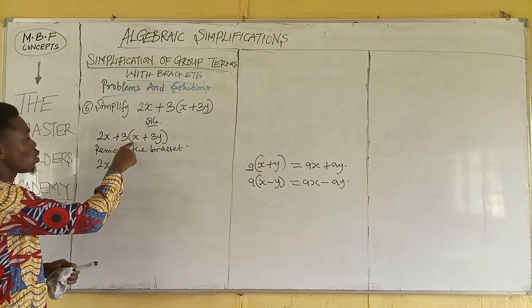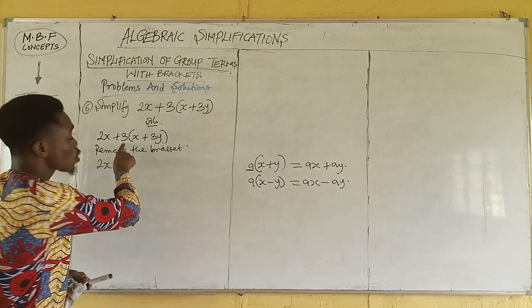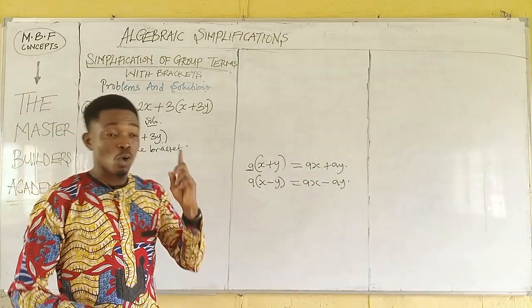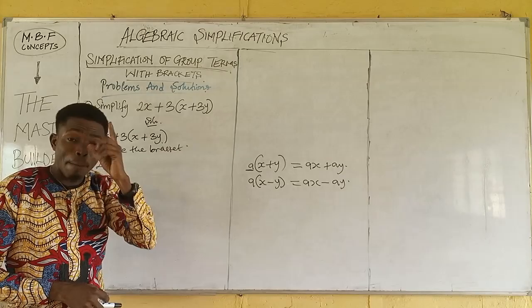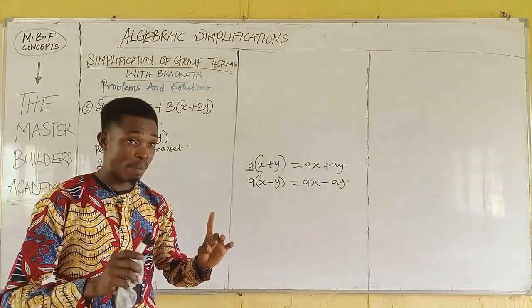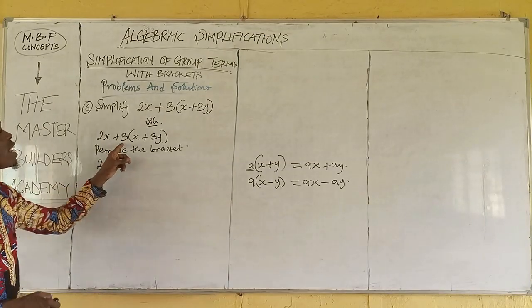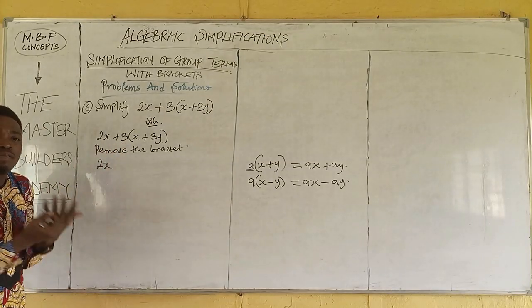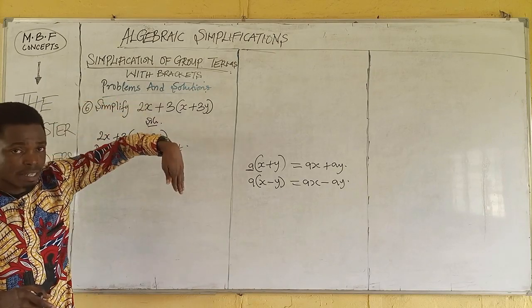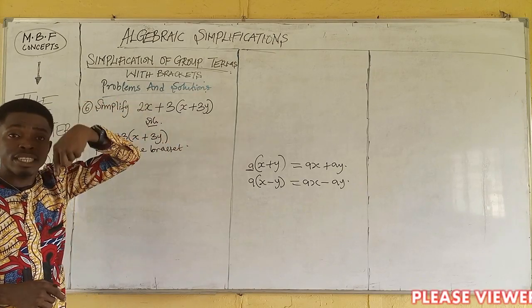We used to call this term outside the bracket a multiplication factor in one of our tutorial classes, so in this case, we are still going to be using the same term. Now, this 3 here is the multiplication factor of this bracket. Hence, this 3 will multiply all the terms inside this bracket.